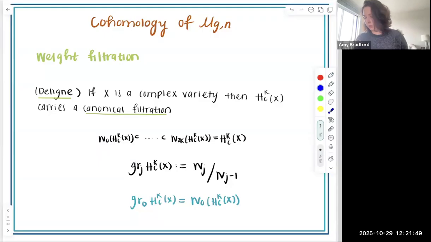Right, and so it turns out that there's this very tropical combinatorial perspective on how I can attack this problem. And so that's what I want to spend the rest of the talk on, saying something about this graph complex perspective.